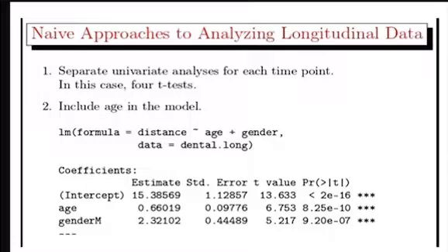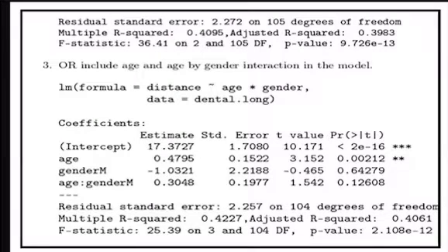This is a naive way of doing it. This will not enable us to know the changes over time. This one will only tell us what happened within a particular time. Here you're only looking at the effect of, that's why age here is continuous, because you're looking at it one at a time. This is when there's no interaction, and this is where there is interaction. This is just one of the 4 results, but this is using a naive method.